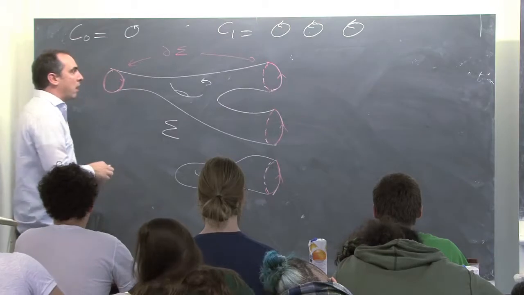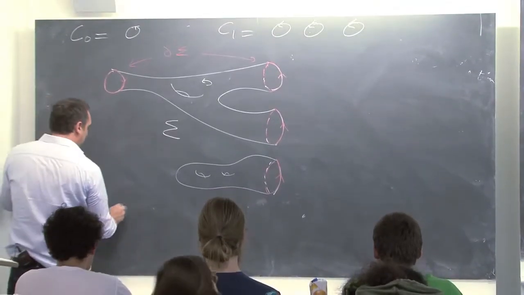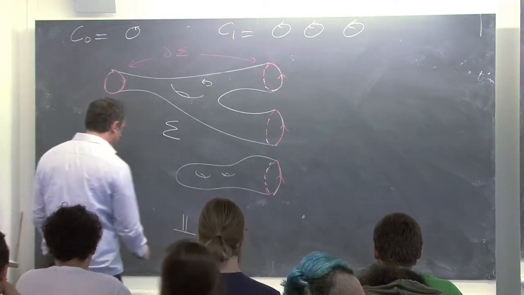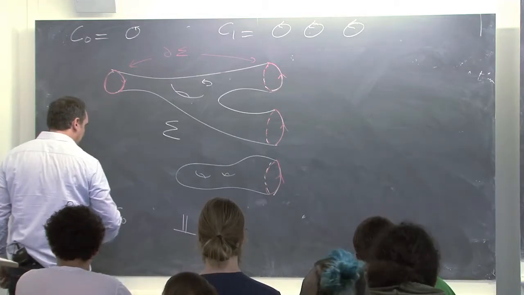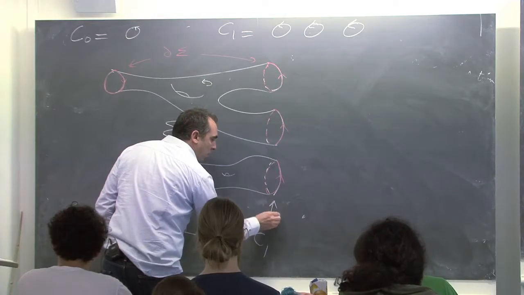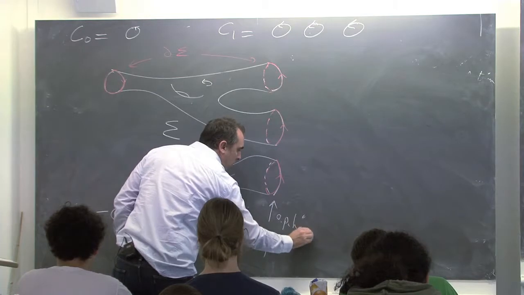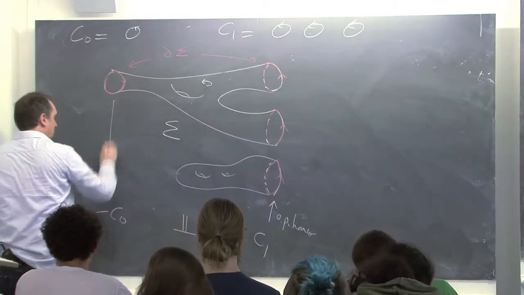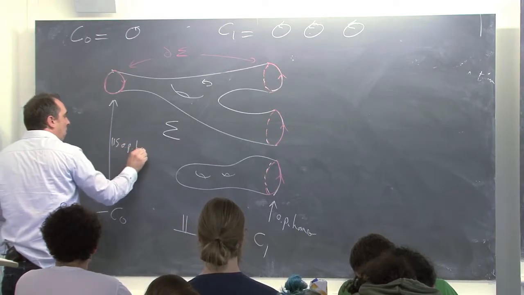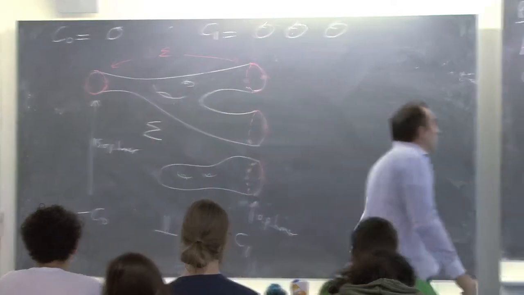And so we have the disjoint union of the opposite of C0 and C1, and by H, we have an orientation preserving homeomorphism. So this is H. This is a two-cobordism.